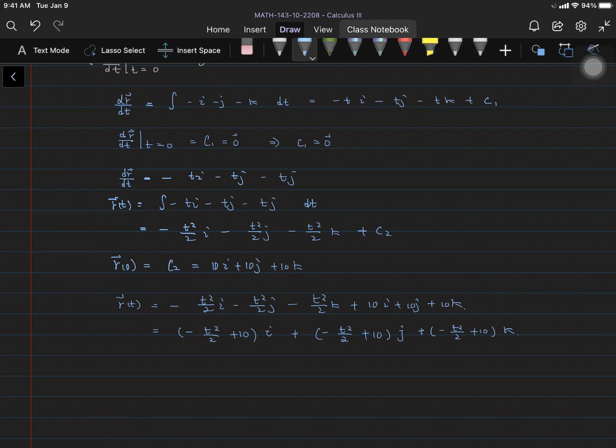In the next section, 13.4, we're going to learn the motion of particles in space. So we're going to do more applications of the integral, like projectile motion.